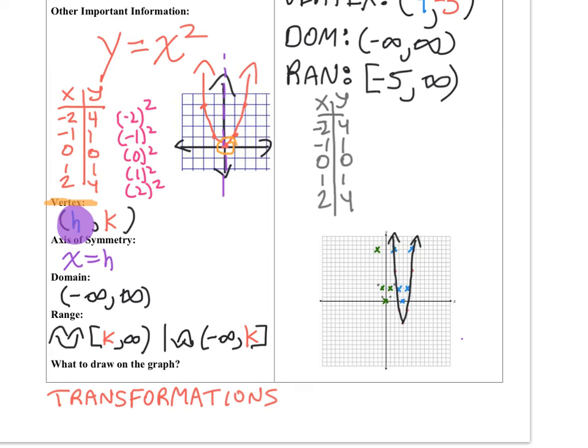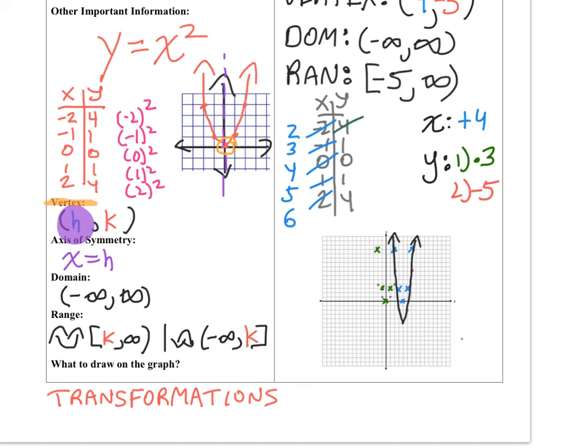If I'd rather work from the table, we can perform the same transformations. So I'll take all of the x values and I'll add 4 to them to do the translation right 4. Next I'll do the vertical stretch of 3 by multiplying the y values by 3.